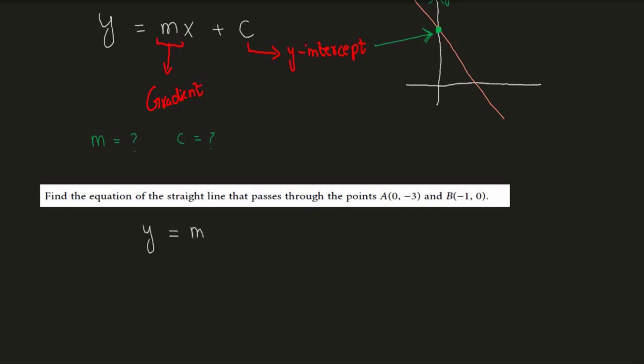The format is y equals mx plus c. We are first going to find the value for m, which is the gradient. The formula for gradient is y2 minus y1 divided by x2 minus x1. First we label x1, y1 and x2, y2. Now I am going to plug in the values.